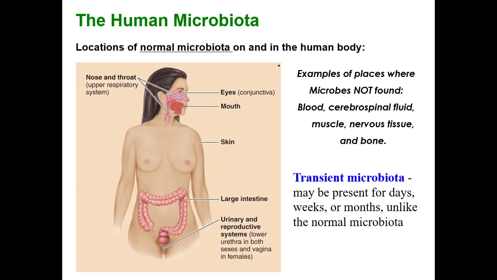The normal microbiota differs from the transient microbiota in that the normal microbiota, once it gets established, will colonize the host for essentially the entire host lifespan, like Staphylococcus epidermidis. Humans get that shortly after birth, or maybe even during birth, because I'm sure you get Staphylococcus epidermidis from the vagina.